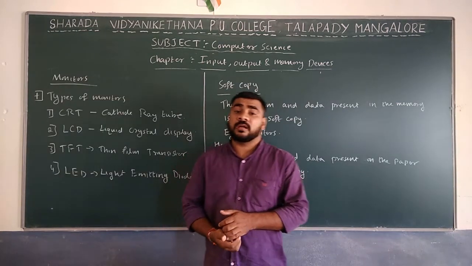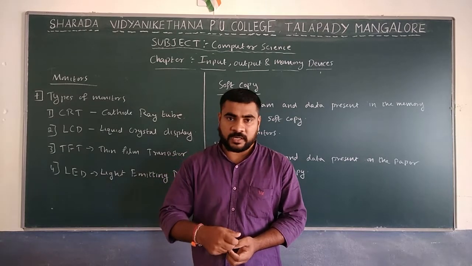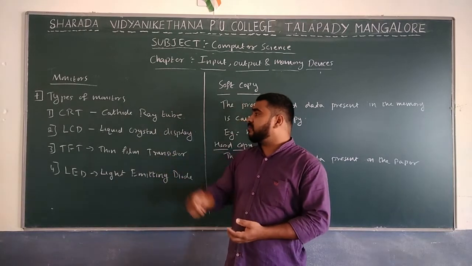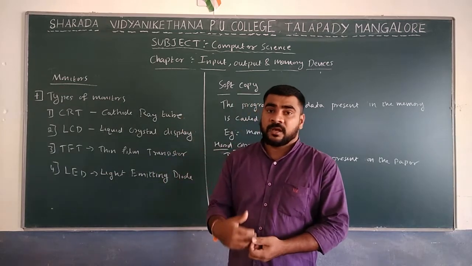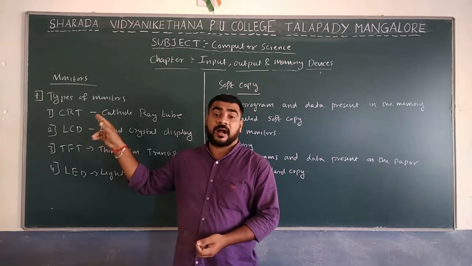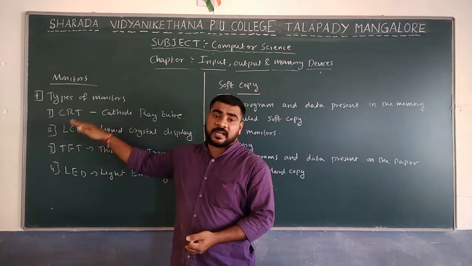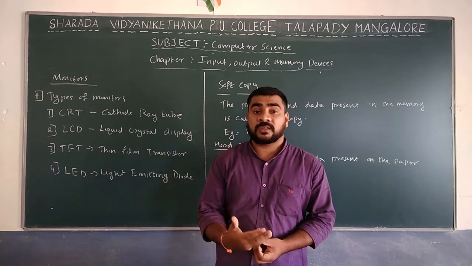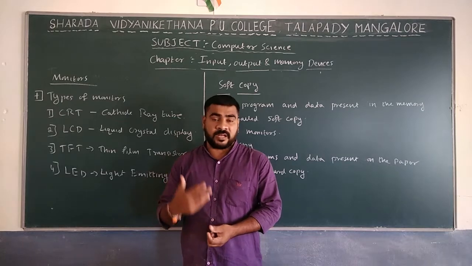Now we will move to the types of monitors. There are different types of monitors available. In earlier days we were using the first type of monitor, that is known as CRT. In older days we were used to the CRT monitor. CRT means cathode ray tube. I'm not going to explain the principle or working of CRT monitors.